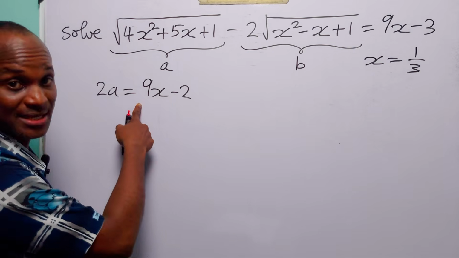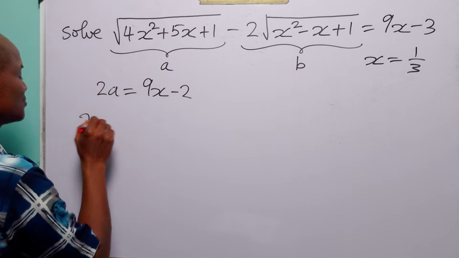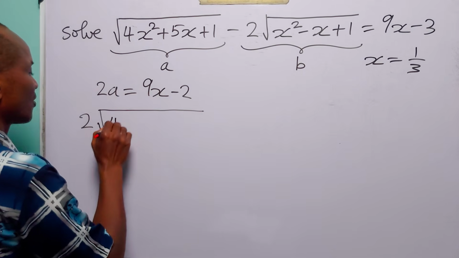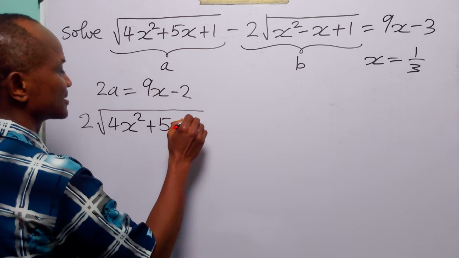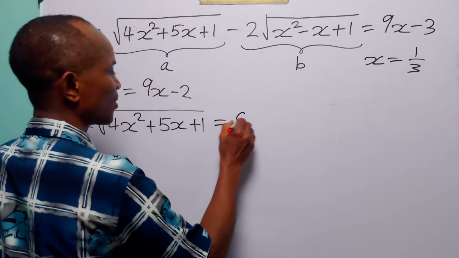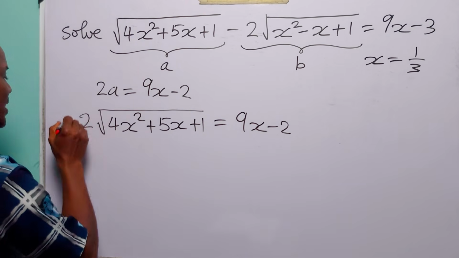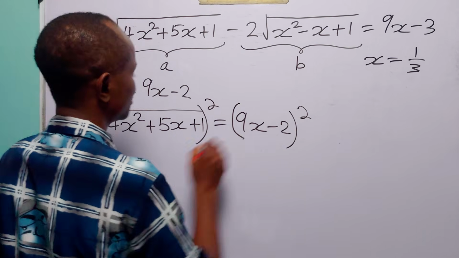And now to solve this equation, we go back to this substitution. So we have that 2 times the square root of 4x squared plus 5x plus 1 is equal to 9x minus 2. To get rid of this square root, we square both sides of this equation.